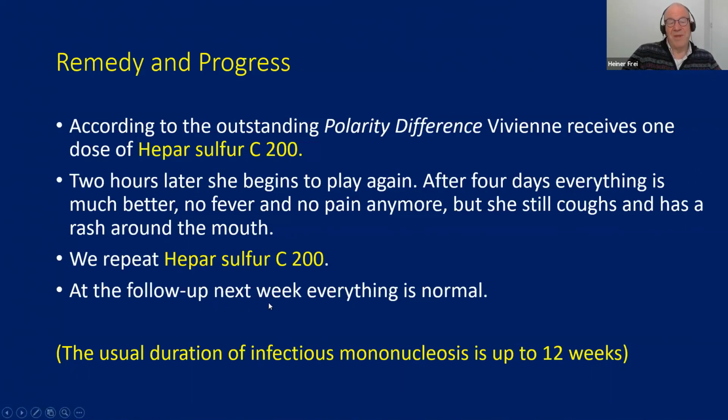At the follow-up next week, everything is normal. To appreciate this course of cure, you have to know that the usual duration of infectious mononucleosis is up to 12 weeks. So we have a very fast cure in this child.